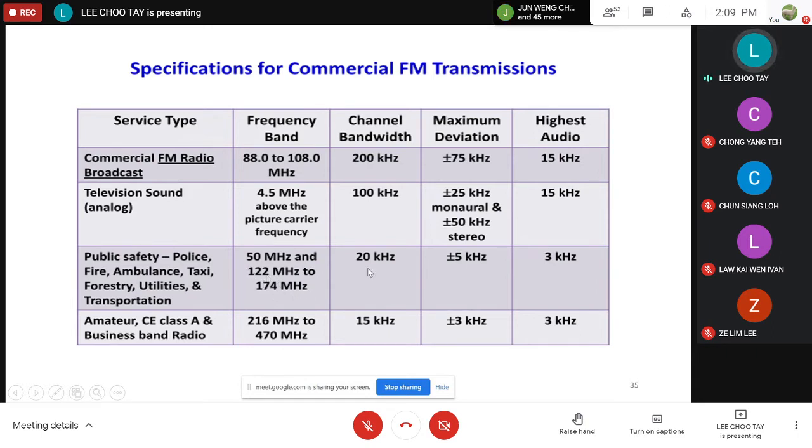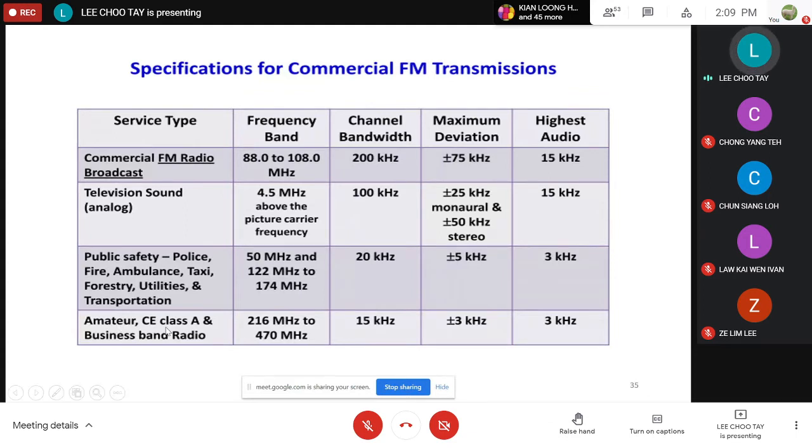Each channel is allocated a bandwidth of 20 kilohertz, but the maximum deviation is plus minus 5 kilohertz. That is to allow for a guard band between two adjacent channels. Highest audio frequency is 3 kilohertz, so therefore you can expect it can only transmit speech.